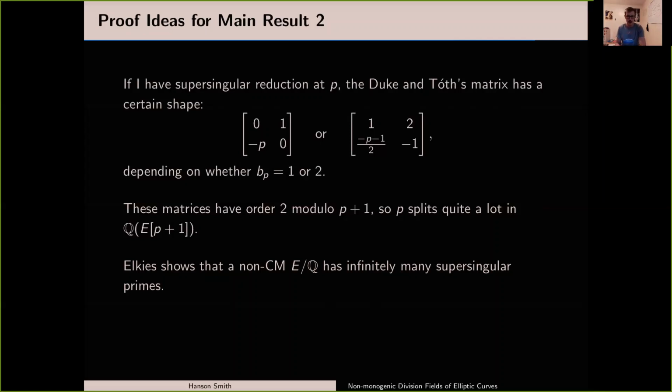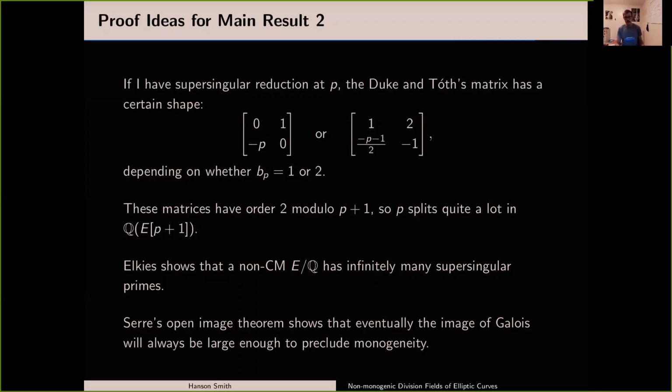Okay, now the only problem we have to worry about is like maybe for each of these primes, the P plus first division field is really, really small. It's way smaller than GL2's Z mod P plus 1Z. But Serre's open image theorem says that that might happen a few times, but it won't happen forever.